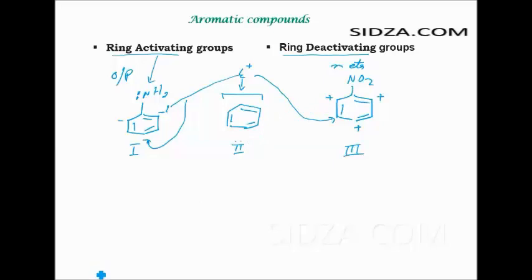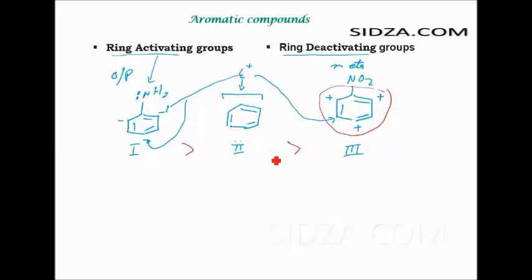This is a positively charged overall ring, so its attack on the electrophile will be relatively slow in comparison to benzene. So overall, in order of reactivity, the NH2 compound is faster than benzene, and the electrophilic aromatic substitution reaction will be faster in benzene than in nitrobenzene, correct?